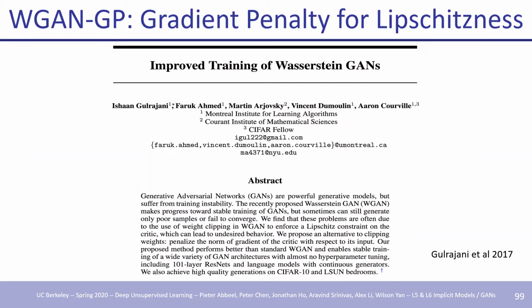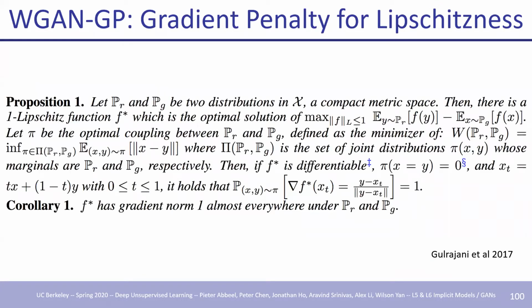So this is more improvements to the WGAN. Okay, so this is a big theorem here, but we can try and break down what it's saying. Most of the stuff we already looked at, right? So we have PR and PG. So PR is the real data, and PG is the generated model.